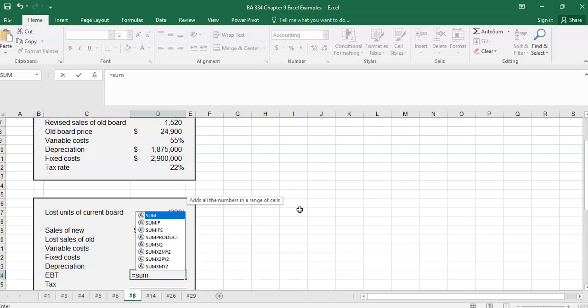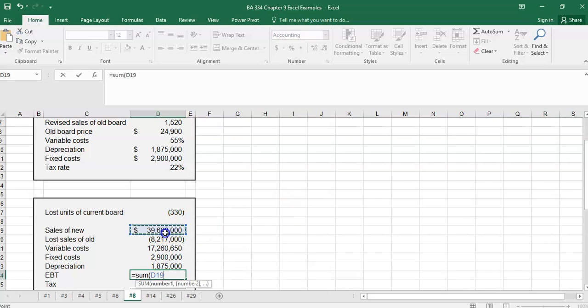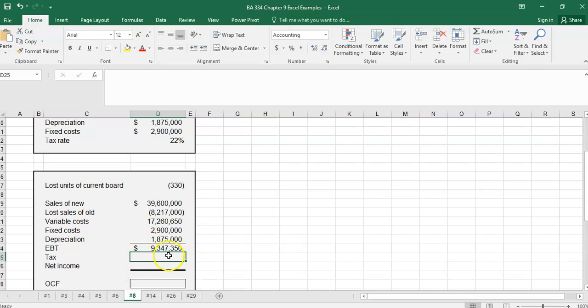This gives us earnings before taxes. We take the sum of our sales minus the sum of all of our costs, so total revenues minus total costs, which gives us earnings before taxes. We then take that times our tax rate of 22% to get our tax amount, and subtract taxes from earnings before taxes to get our net income.